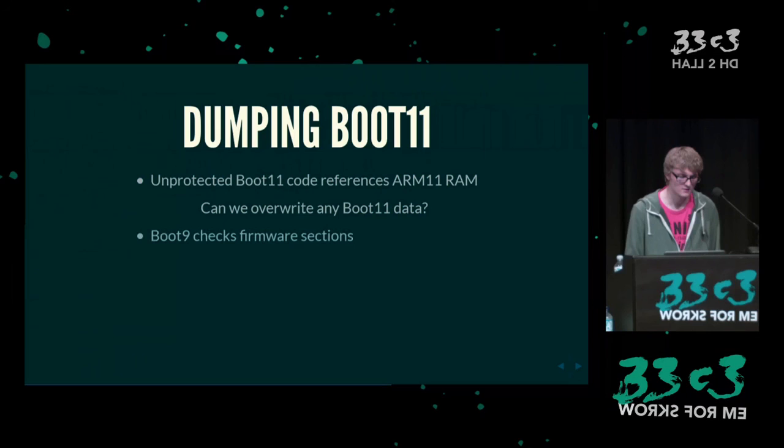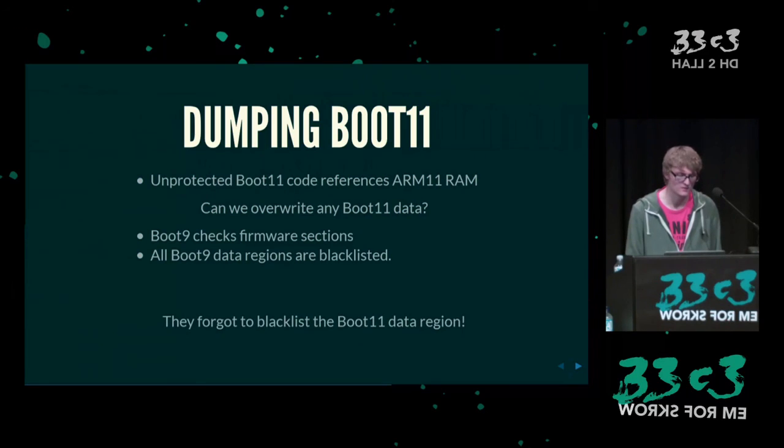But the boot ROM developers were kind of clever, and the ARM9 boot ROM checks the firmware sections, and they have some kind of blacklist, and unfortunately you can't just overwrite boot9 data sections. But for some reason, they forgot to blacklist all the boot11 data regions.